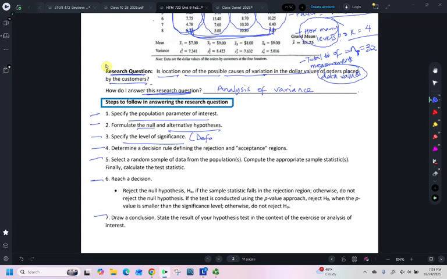The default value in this case is alpha equals 0.05. Then to use a decision rule to determine the rejection and acceptance regions, and to collect the sample data and to compute summary sample statistics from the sample data collected and use that to test if the evidence in the sample is sufficient enough to reject the null hypothesis in favor of the alternative. And once a decision is made, we can draw an appropriate conclusion in line with the decision made.